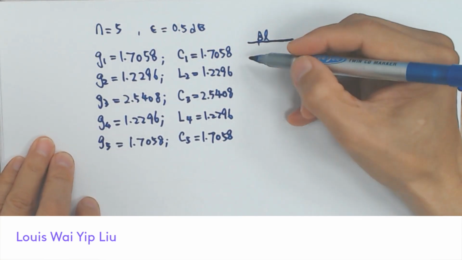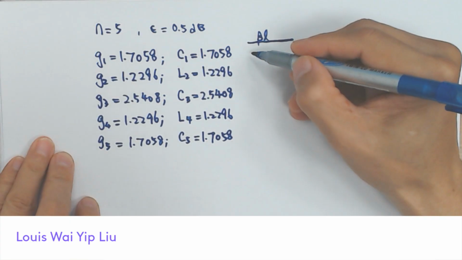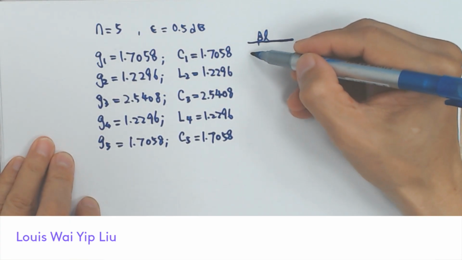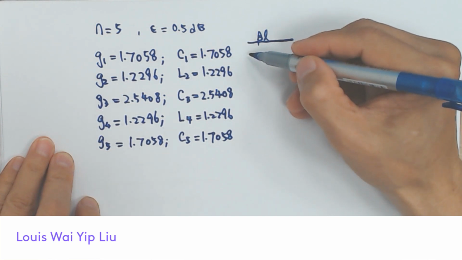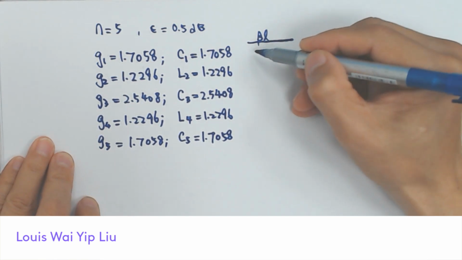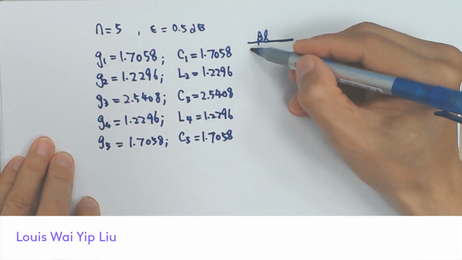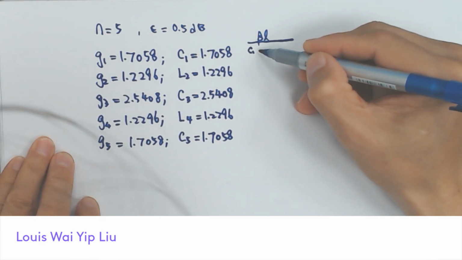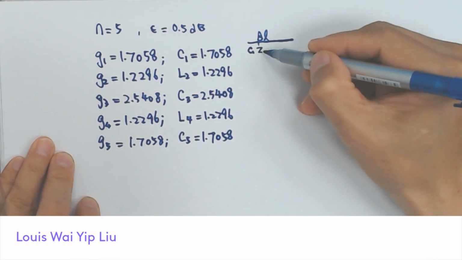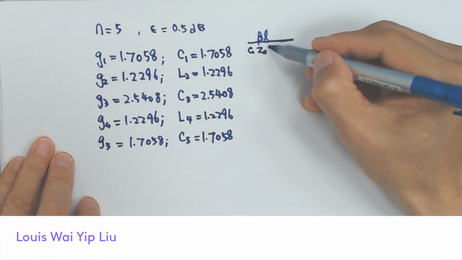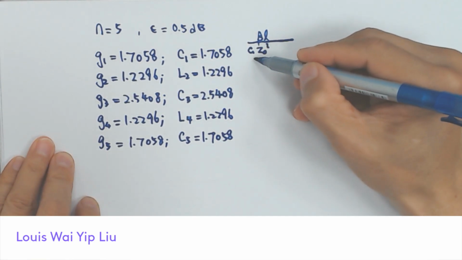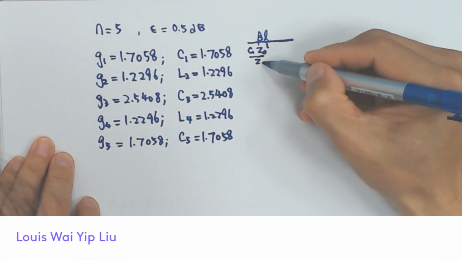The way we calculate it is to use a formula. The formula for capacitance and the formula for inductance are different. So let's try it. The first one is the capacitance, and the formula is beta L equals C times Z low divided by Z naught.